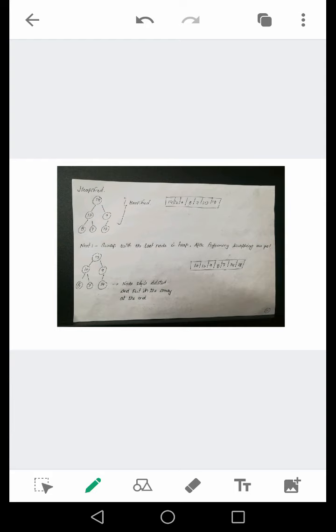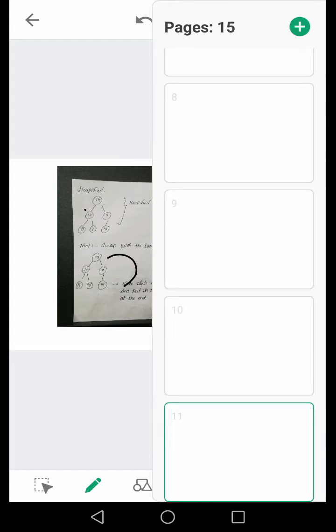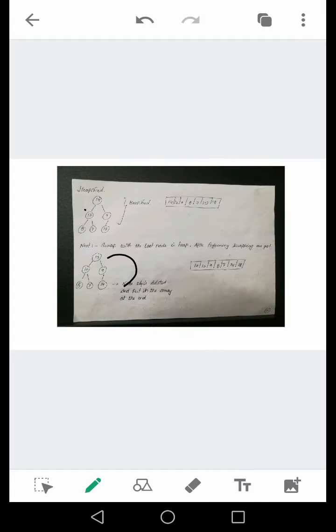We delete the 14 from this heap, swapping 14 and 9. After swapping, 14 will come as the left child of the node 9, and we delete this. And we can go for the array representation also.